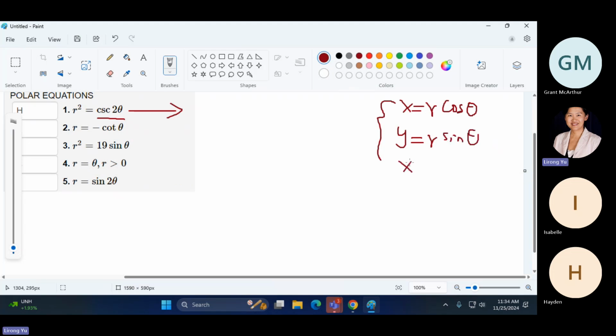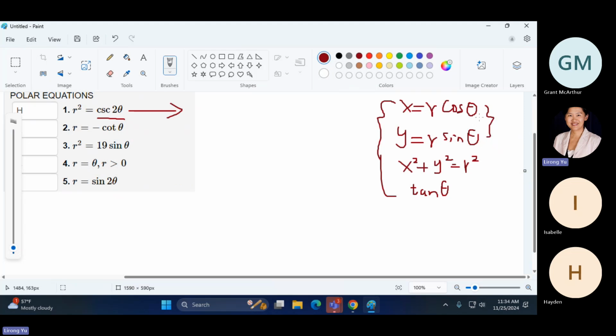And x squared plus y squared equals r squared. So if you see r squared, you can write this. Or if you have only the angle and no r, the angle has to be combined with r to get x and y.